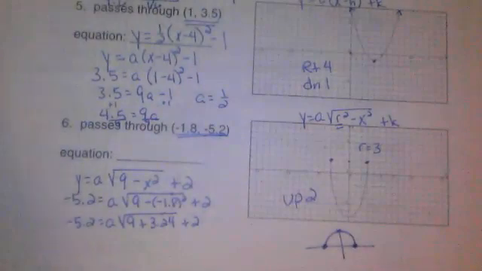So negative 5.2 equals a times the square root of 9 minus negative would be plus 3.24 plus 2. So 3.24 plus 9 is negative 12.24.